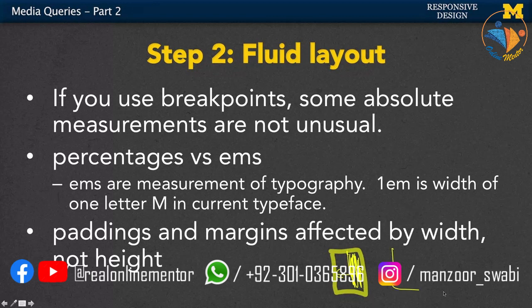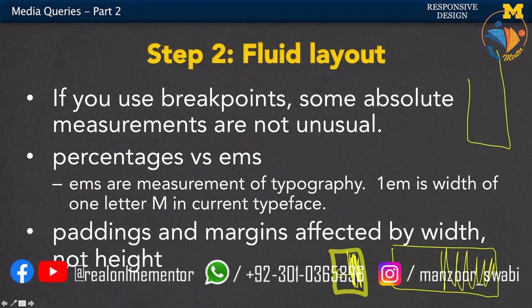If you make the page wider, then you would get more padding. However, if you make the page the same but you make it taller, the height doesn't affect it at all. So it doesn't seem like a big deal until you're stuck trying to code it. Just remember, paddings and margins, when you use percent, they're affected by the width of the page, not the height.